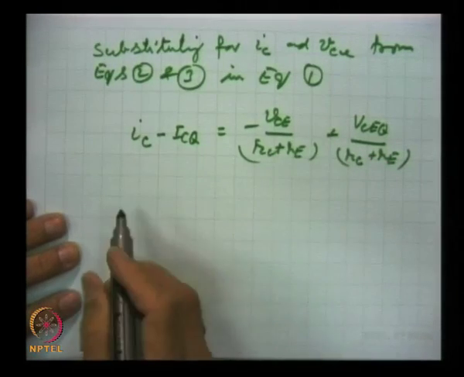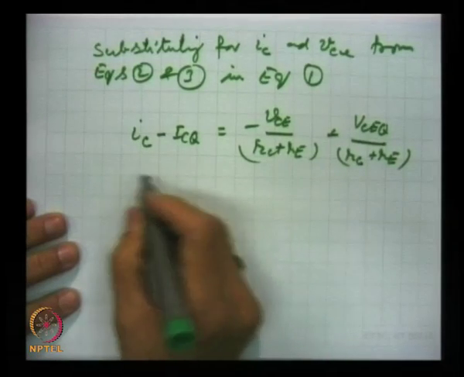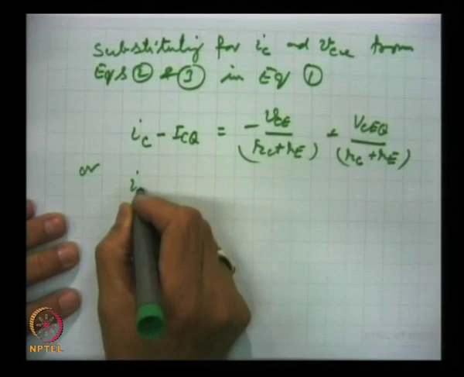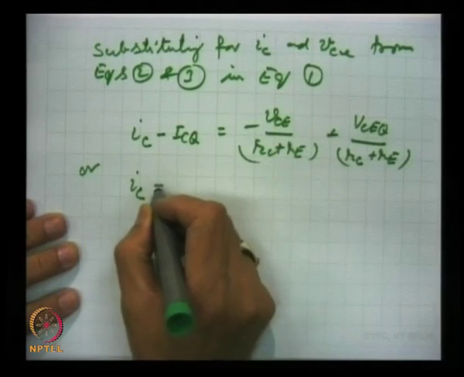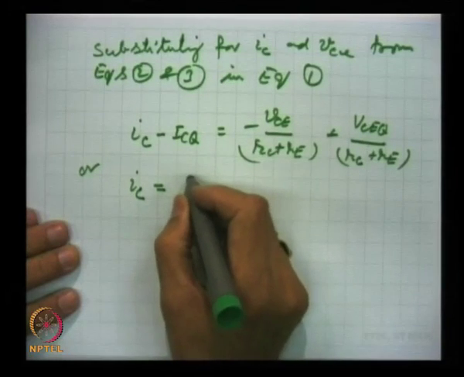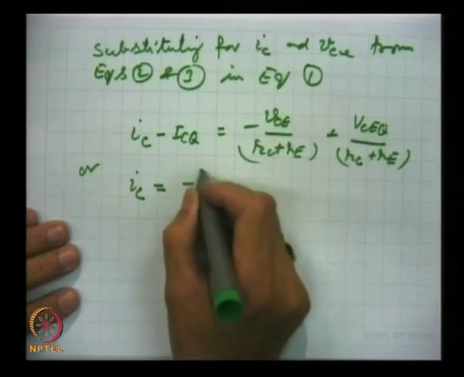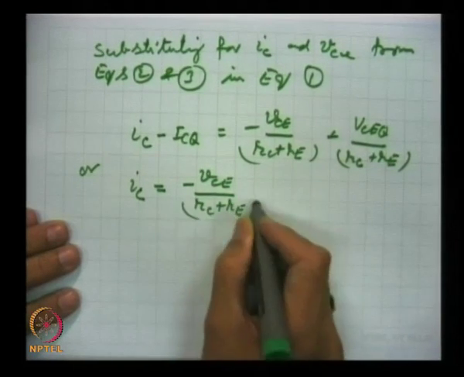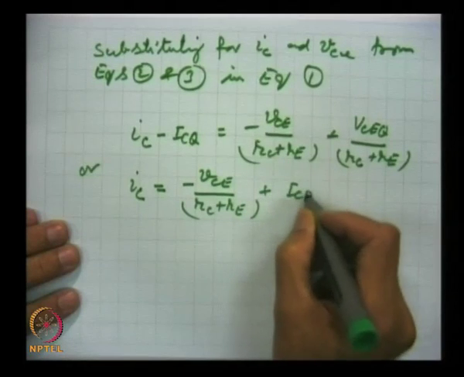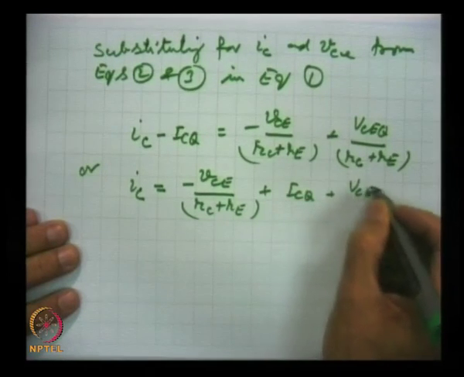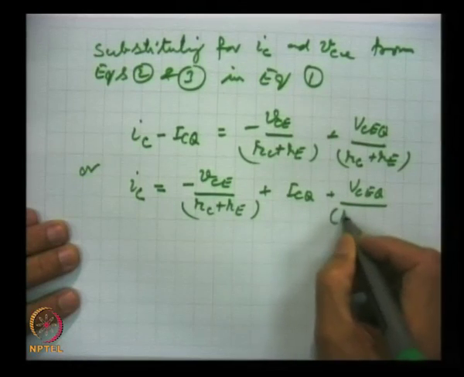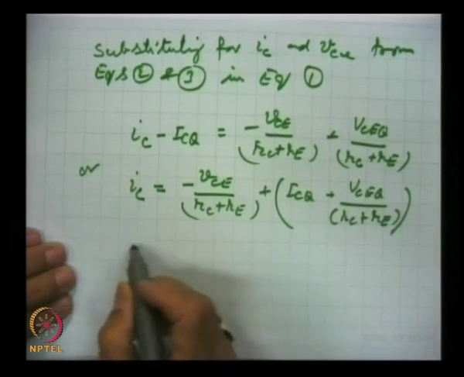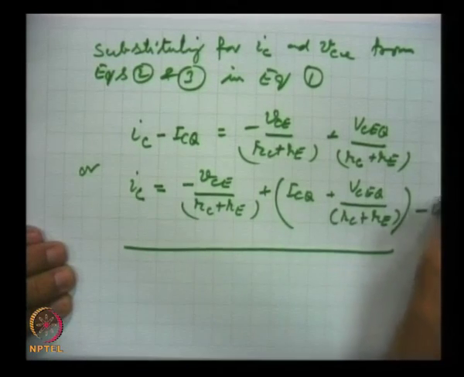And from here we get IC, the total current, as VCE by RC plus RE plus ICQ plus VCEQ by RC plus RE. This we get, and we call this equation 4.